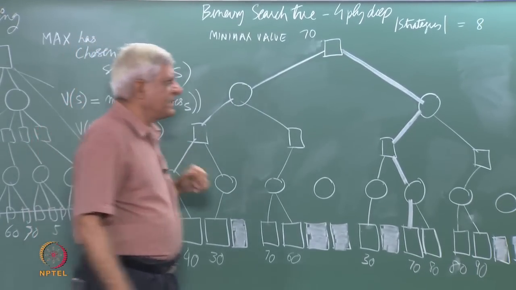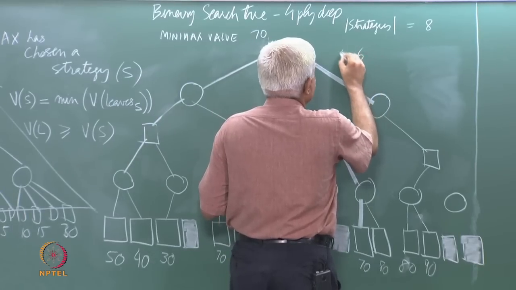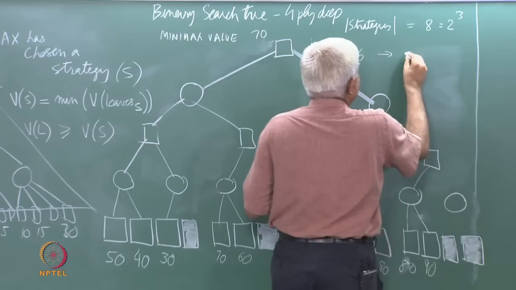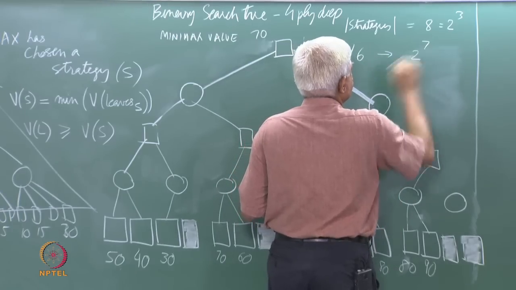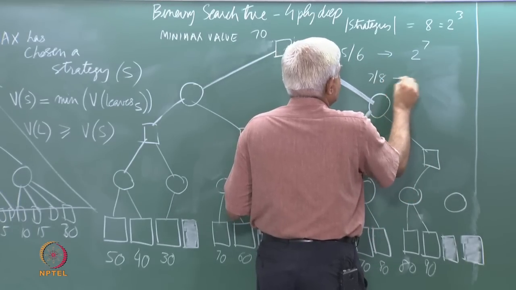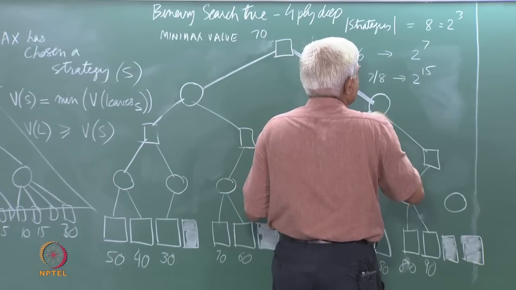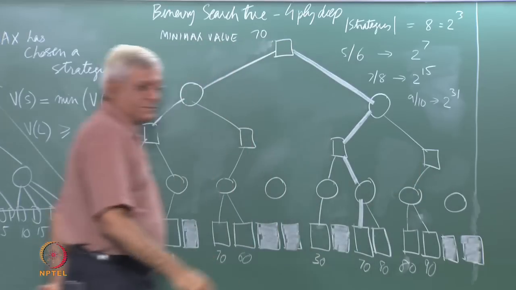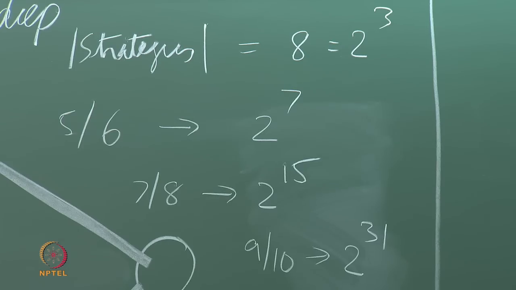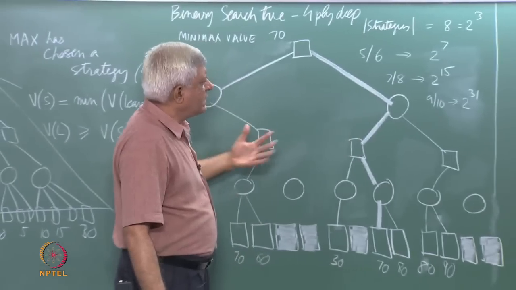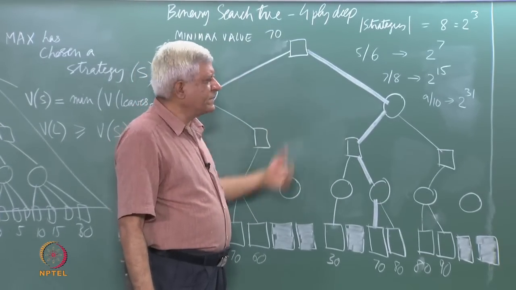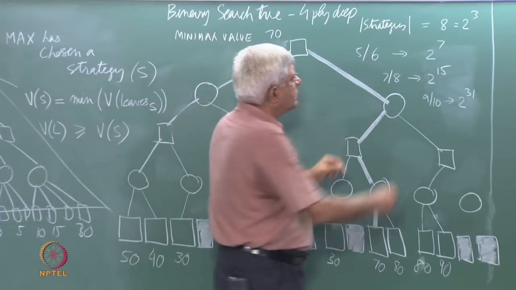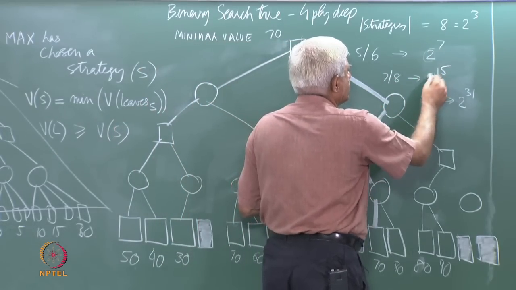binary search tree, and as an exercise you can see that for 5 or 6 ply it is the same, it is, so 8 is equal to 2 raised to 3, for 5 or 6 it is 2 raised to 7, for 7 or 8 it is 2 raised to 15, for 9 or 10 it is 2 raised to 31, and you can extrapolate from here, and I will just give this as figures, you can work this out yourself, that as you go deeper the number of strategies increases considerably, and as an exercise you can, so this 2 is the branching factor that is playing the role here.